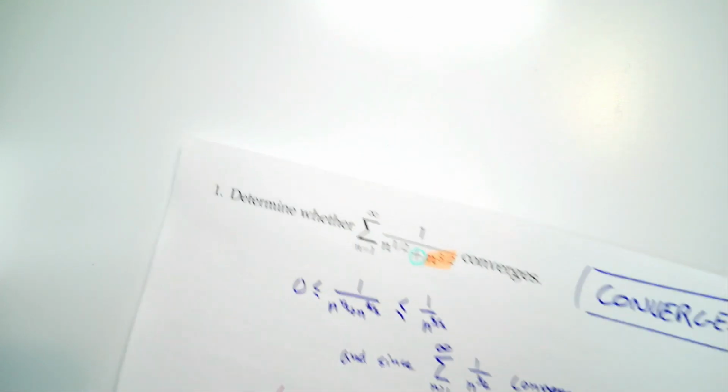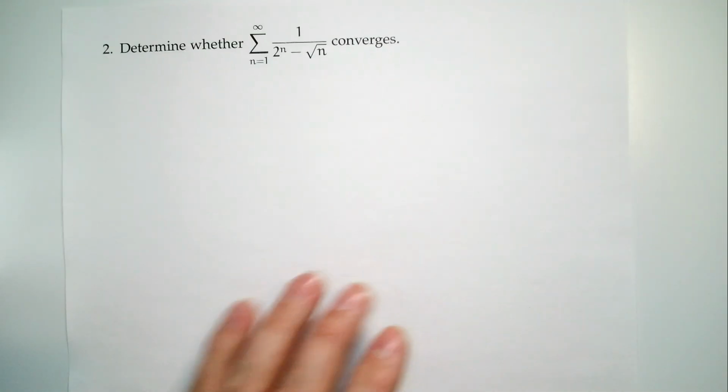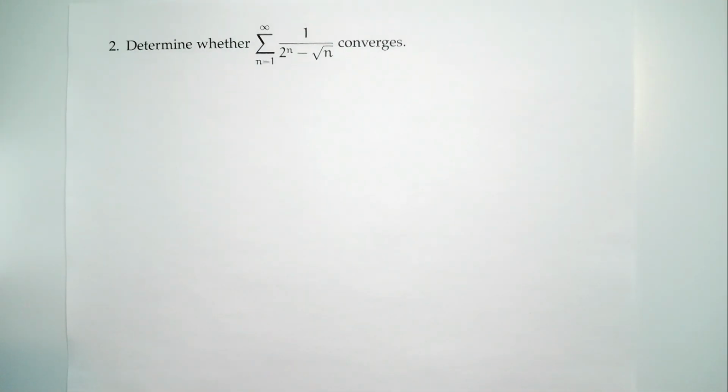All right. Well, number 2. Determine whether the sum from 1 to infinity of 1 over 2 to the n minus root n converges. So again, we see that minus. It's really like a plus, but it's a pessimistic plus. So between 2 to the n and root n, which one is the more important term?